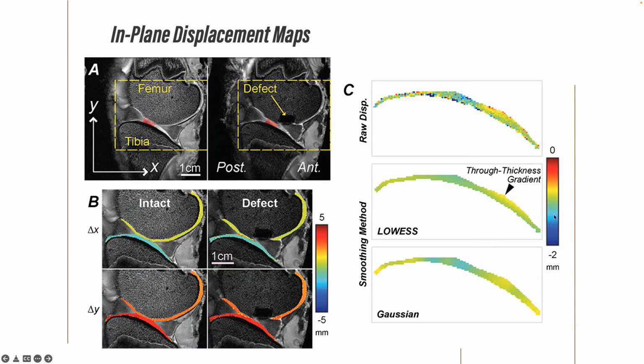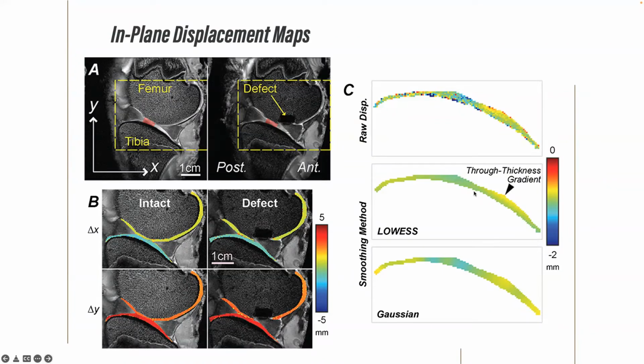And so for this study, we tried a different technique, and that used locally weighted linear regression instead, in order to smooth out some of the spurious displacement points. With this LOWESS smoothing, it preserves a little bit better the through thickness gradient that you might expect in terms of the strains, right?